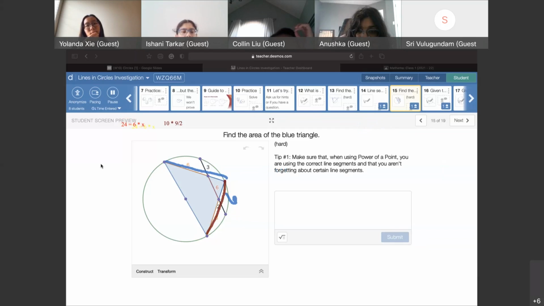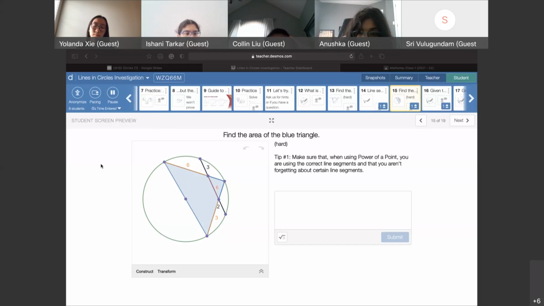So remember whenever you're using power of a point, to break it down if you're given complex problems like these. I got 55. For the side on the triangle with the 6, I got 10 for that, and for the side with the 3, I got 11 for that.